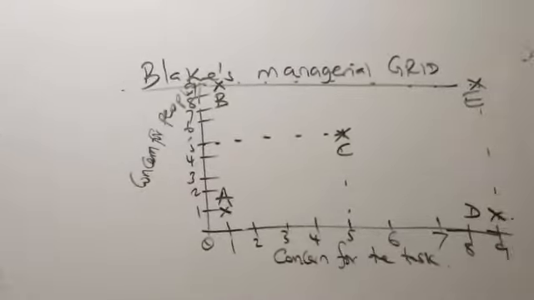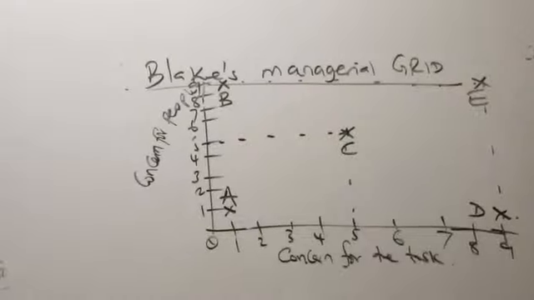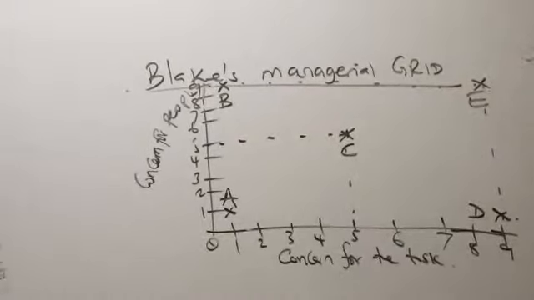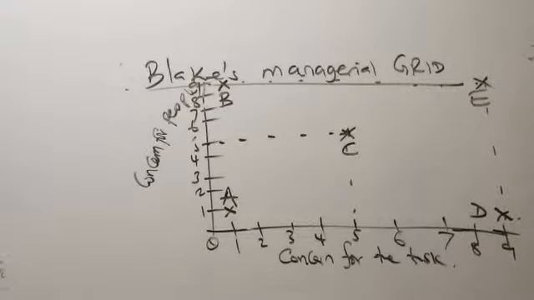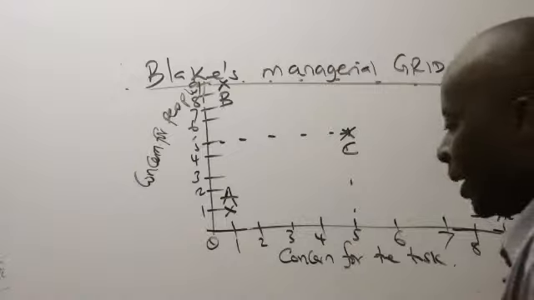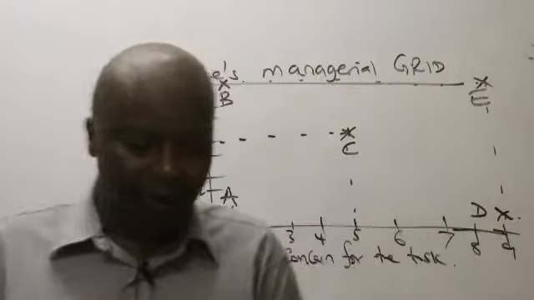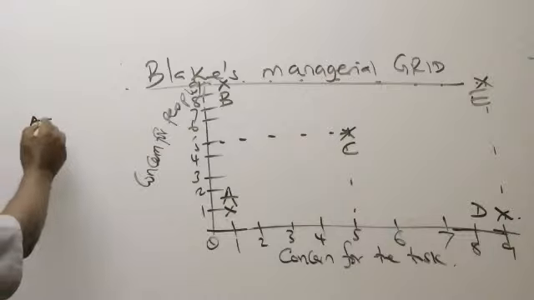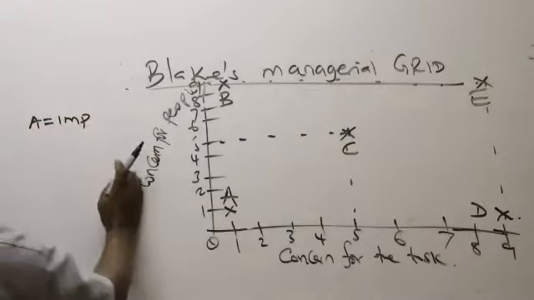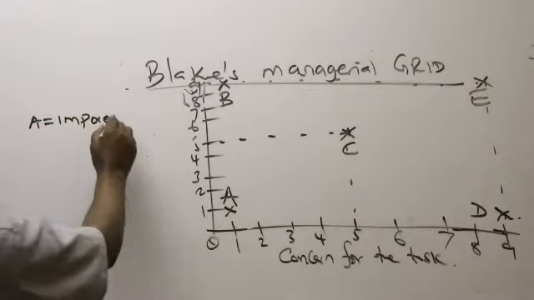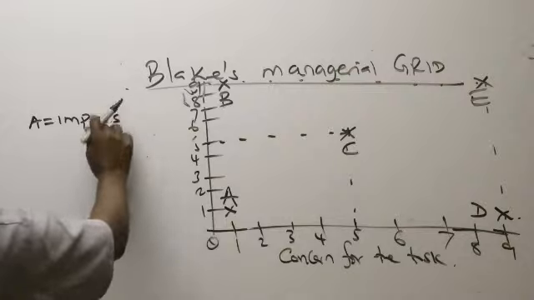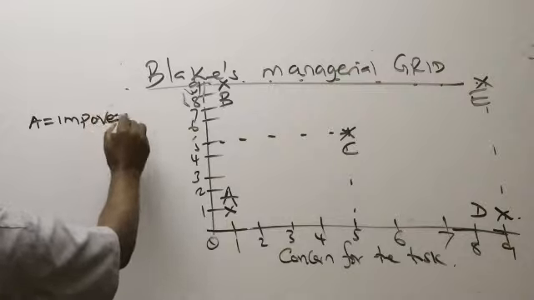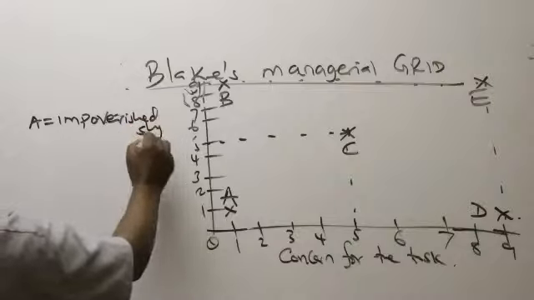I hope that is still clear. Yes. So our A guy here is the one we call impoverished style. That is A.